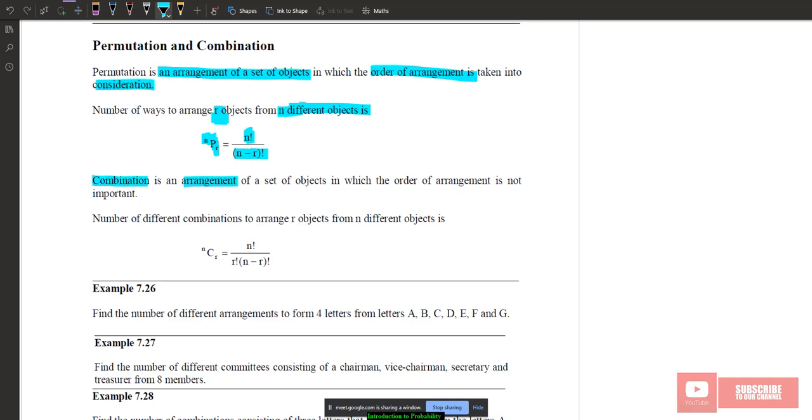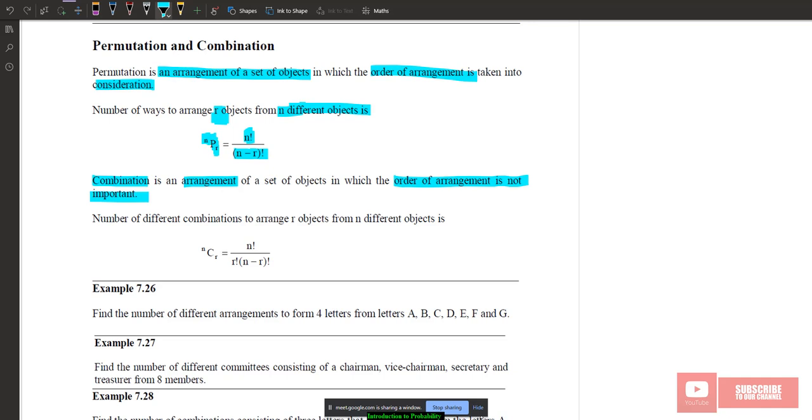where the combination is an arrangement of a set of objects in which the order of arrangement is not important, right? So the formula for combination is nCr, right, equal to n factorial divided by r factorial multiplied by n minus r factorial, right?